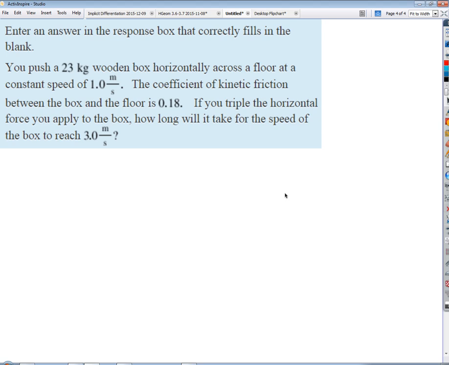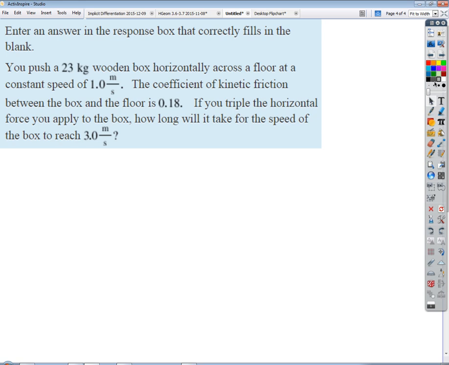Well, maybe, but initially it was traveling at constant speed, right? With a certain amount of force. Now, if I triple the amount of force I'm applying, what would you expect the box to do? It'd accelerate, right? Okay.